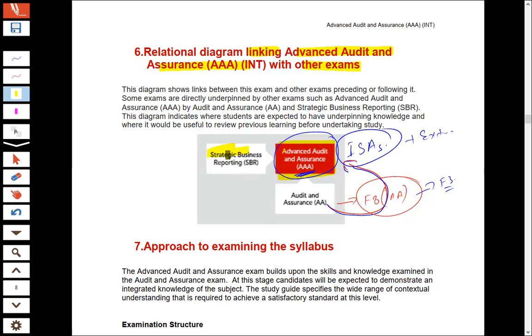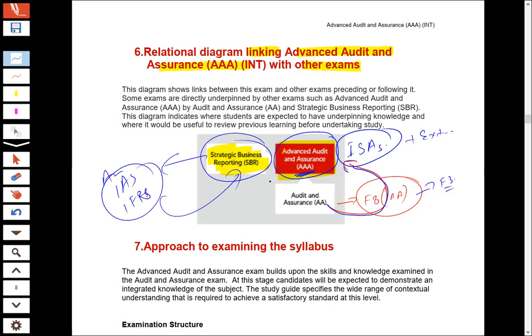In addition, there is a linkage with SBR, which means the advanced accounting standards, the advanced IFRS. There is a strong link of paper SBR with AAA. I will be discussing it later on in this video.